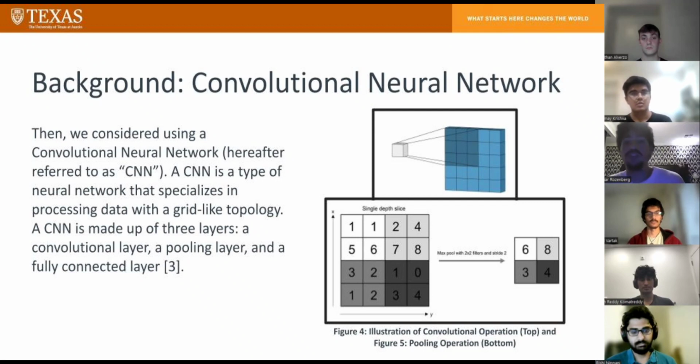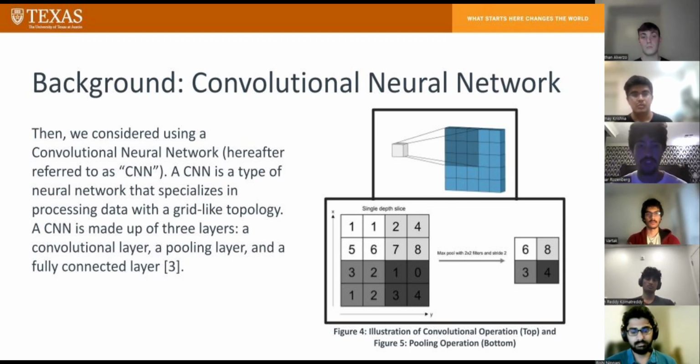Then we considered using a convolutional neural network, which is CNN. A CNN is a type of neural network that specializes in processing data with a grid-like topology. A CNN is made of three layers. A convolution layer, which performs a dot product between two matrices, where one matrix is the kernel and the other one is the restricted portion of the receptive field.